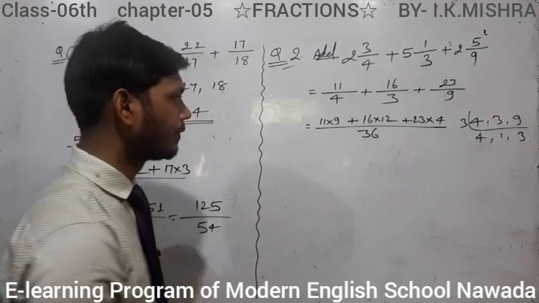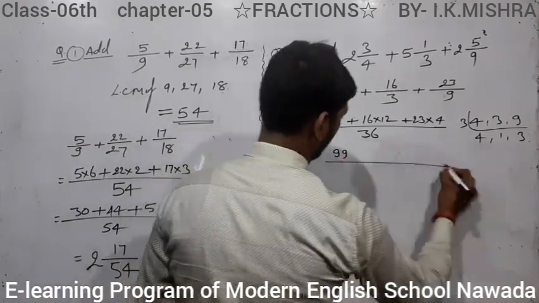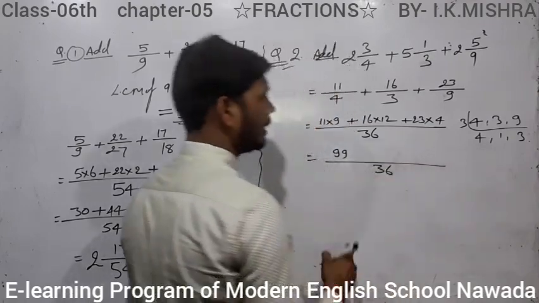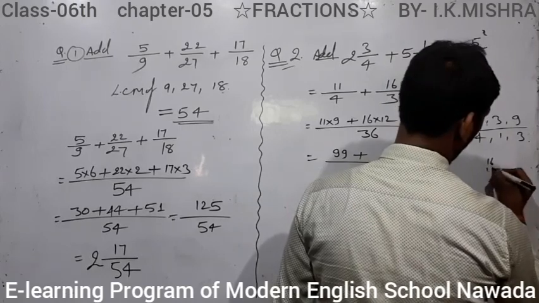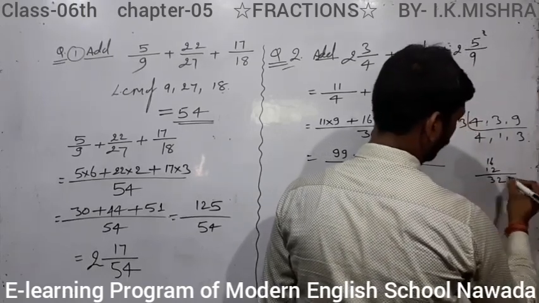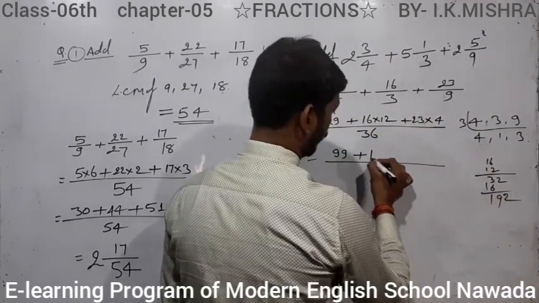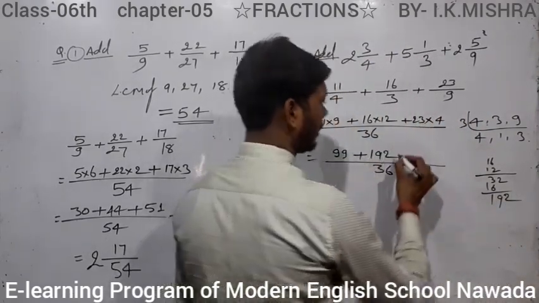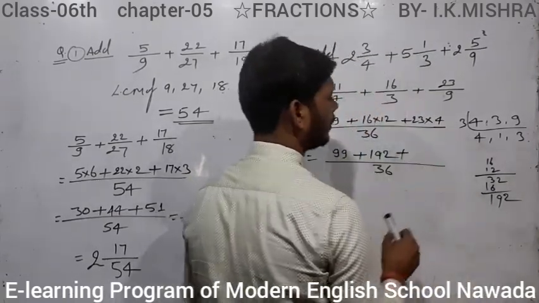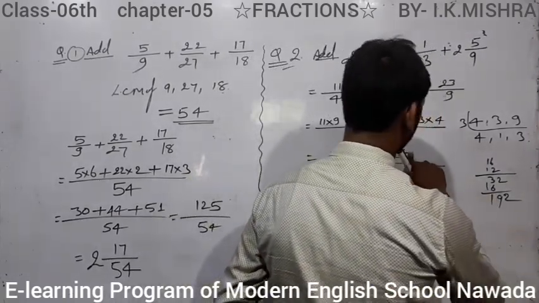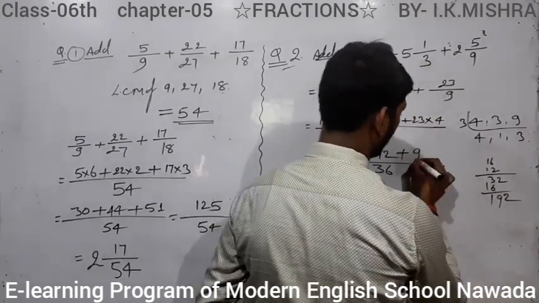After that students, here multiply 99, here 36 and plus 16 into 12, 192 plus here 23 into 4, 92.